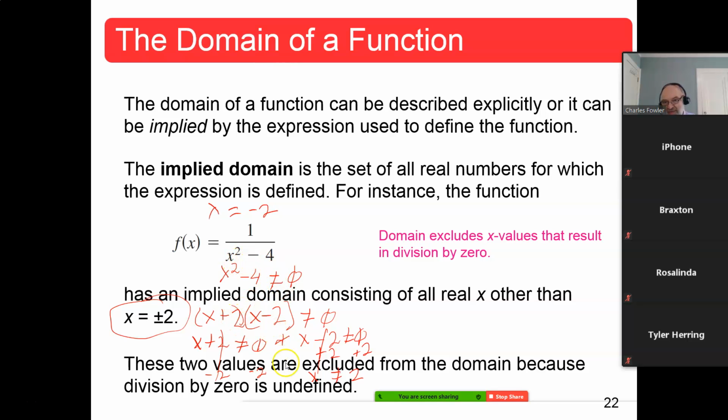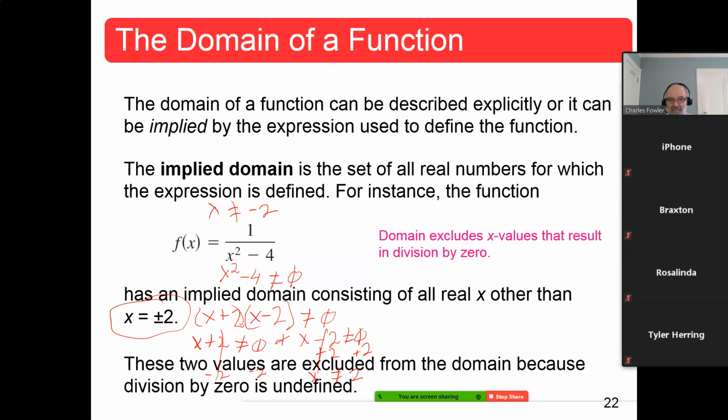And we just did this and found out it is 0 when x cannot equal negative 2 and cannot equal positive 2. So they say all real x's other than x equal plus or minus 2. I say it, all real numbers as long as x is not equal to plus or minus 2. It says the same thing.